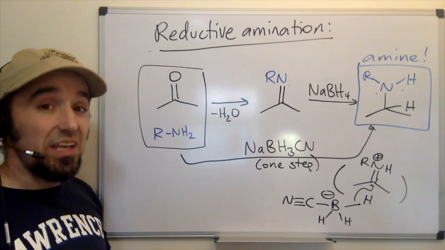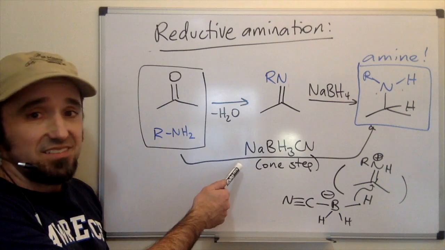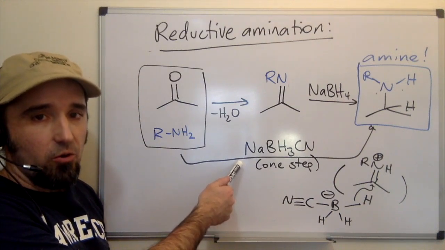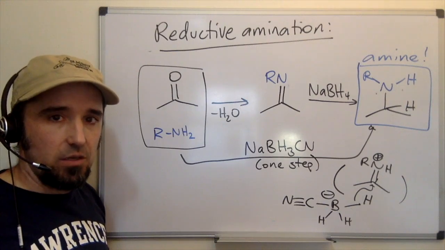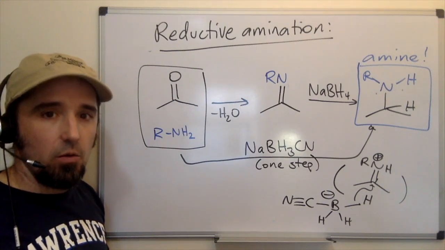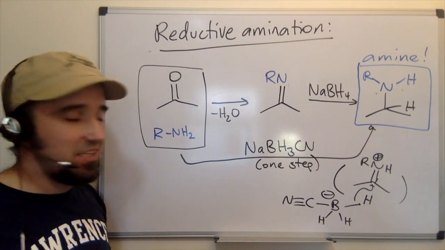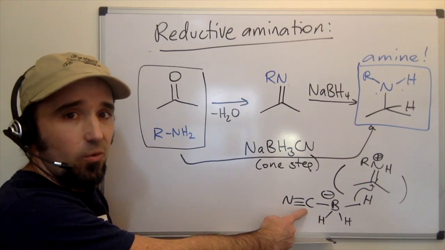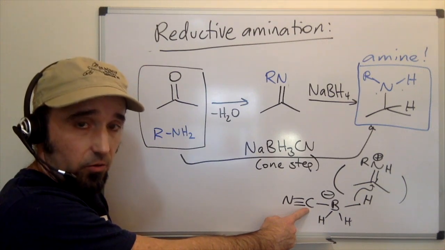If you want to get really fancy, you can do this in one step with something called sodium cyanoborohydride. And this is almost like the Lindlar catalyst we learned about earlier, where we're making a catalyst better by making it bad. So we're taking our nucleophile, BH4, and we're adding a strong electron withdrawing group to it.